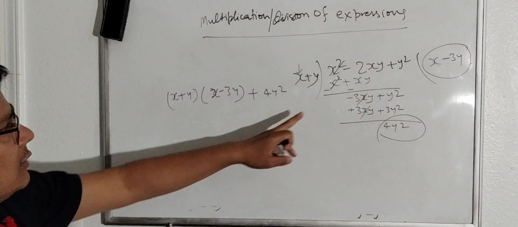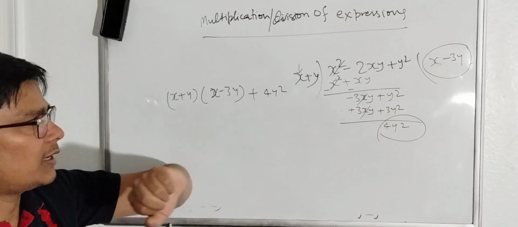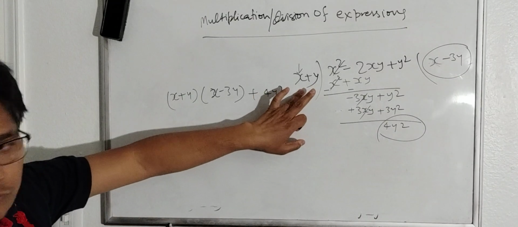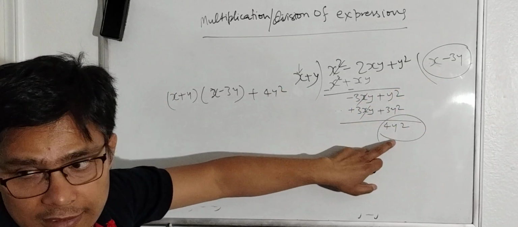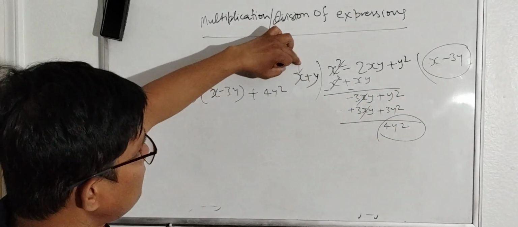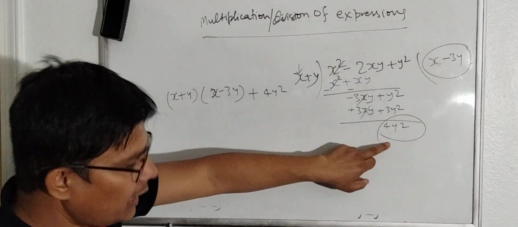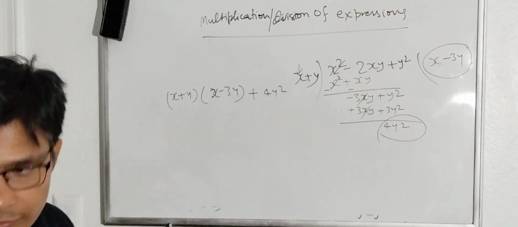If I do this, it will give me x square minus 2xy plus y square. Correct? So this is the term I used for the division, this is the quotient and this is the remainder. So if I multiply x plus y with x minus 3y and then add the remainder, I will get the original expression.